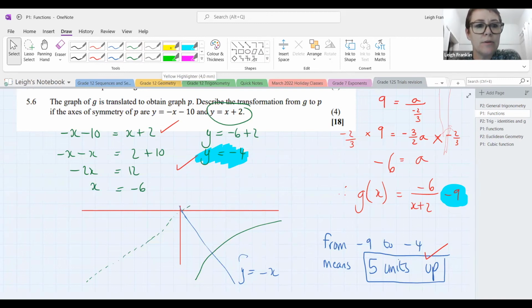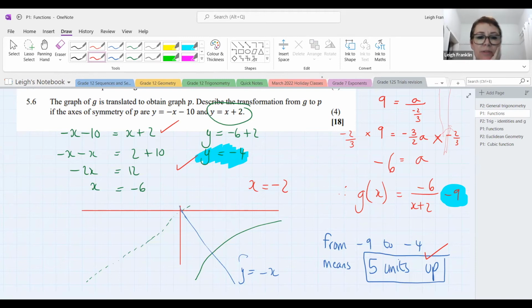Here, our vertical axis of symmetry for g of x is the line x equals -2. So x equals -2 is the current vertical axis of symmetry.